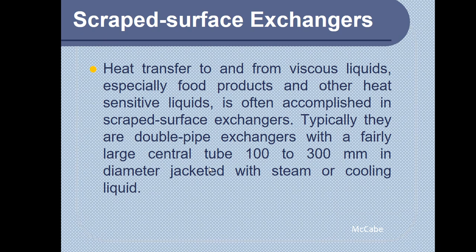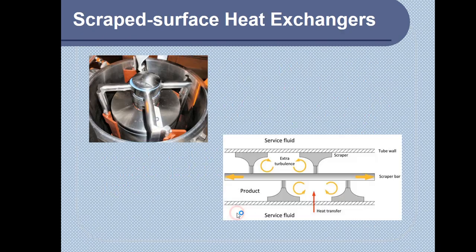This type of heat exchanger is used in the food industry, especially when dealing with viscous liquids. Typically, they are double pipe heat exchangers with fairly large central tubes jacketed with steam or cooling water, so your diameter range is from 100 to 300 mm. This is according to McCabe for this type of exchanger.